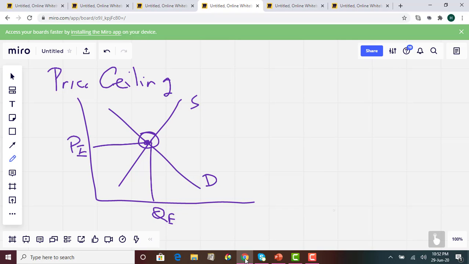But then the government comes in and says, no, you cannot charge this. This is the maximum price that you can charge in the market. So that's the price ceiling. So what's happening in terms of elasticity? Now that the price has gone down, if the consumers and producers are elastic to changes in prices, what will happen?